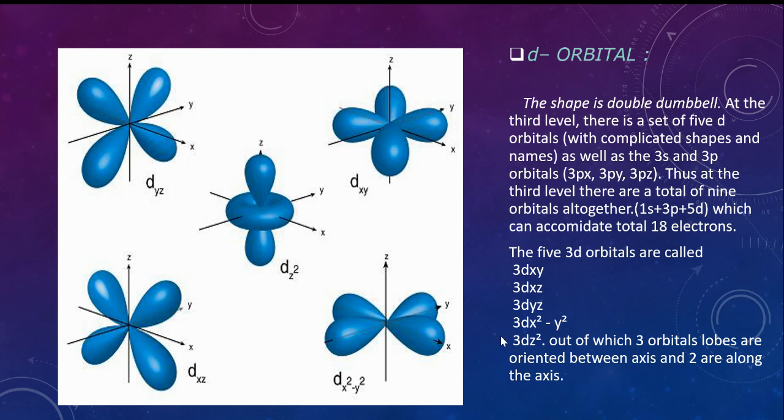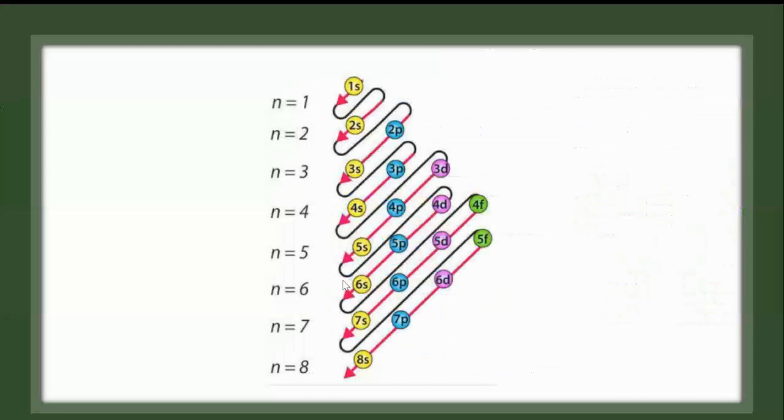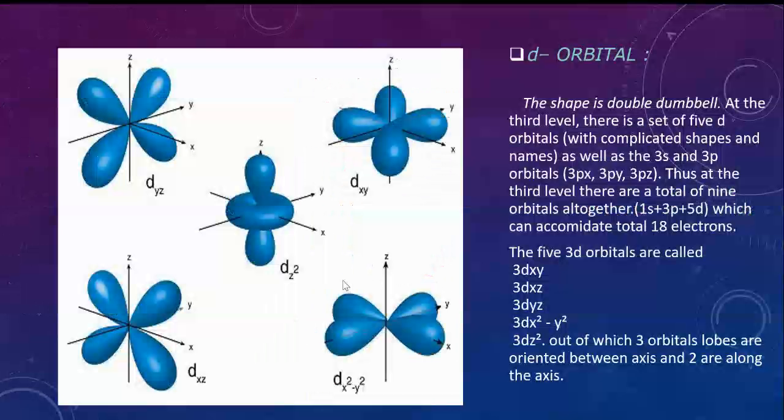For these three orbitals, the lobes are oriented between the axes, whereas for these two orbitals, dz square and dx square minus y square, the lobes are along the axes. That is the difference. That's why d orbitals are divided into two sets.